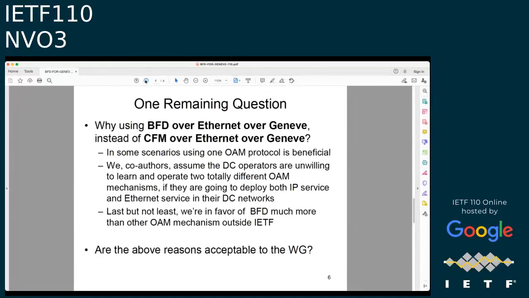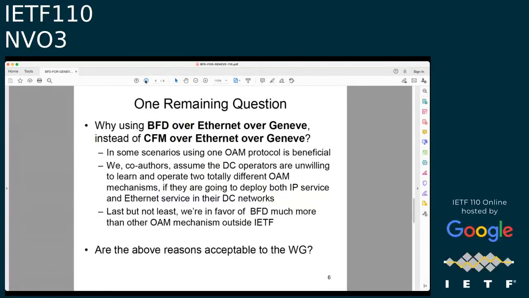So with the open issues and resolutions, why do we need to use BFD over Ethernet over Geneva instead of CFM over Ethernet over Geneva? I think this is a remaining question. There are three reasons from the authors for answering this question.